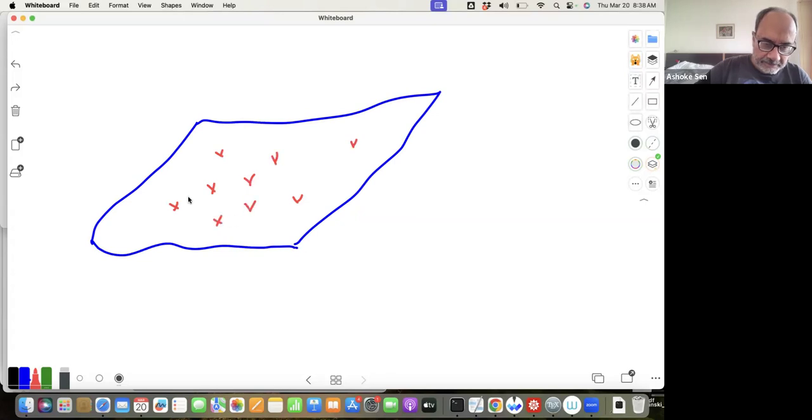In general, there are many. And then you have to cut out regions around each of them. These are the points where the spurious pole locus is intersecting.